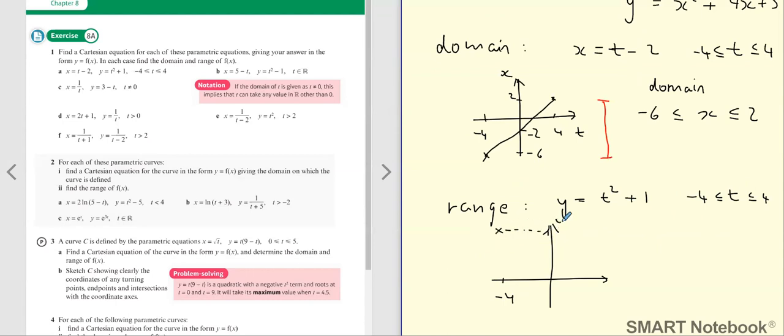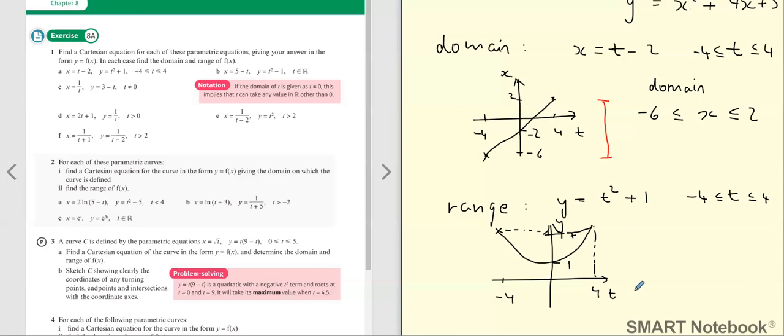So I get, this is y and this is t, I'm going to get 17. It's essentially a t squared graph shifted up by 1. So I can now sketch that. And 4 will have the same value of 17 as well. Are you happy with that graph for y equals t squared plus 1?